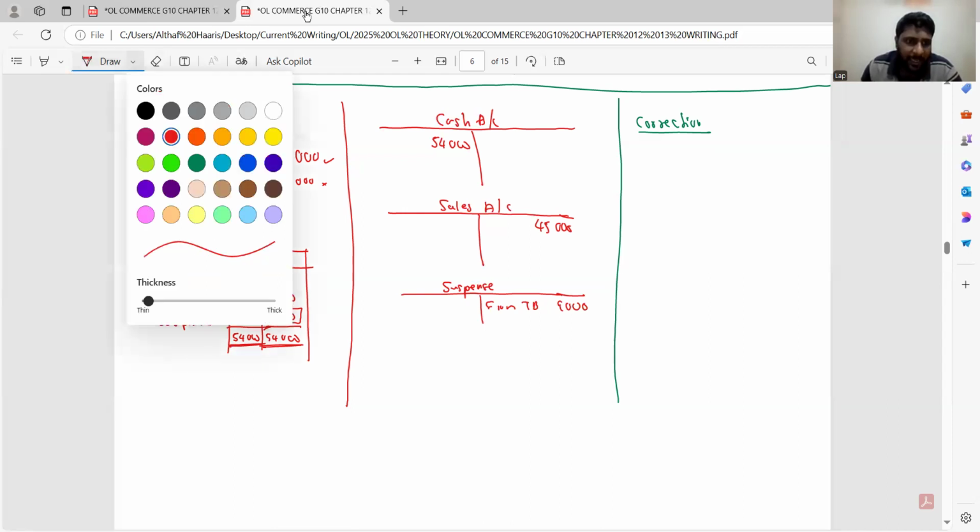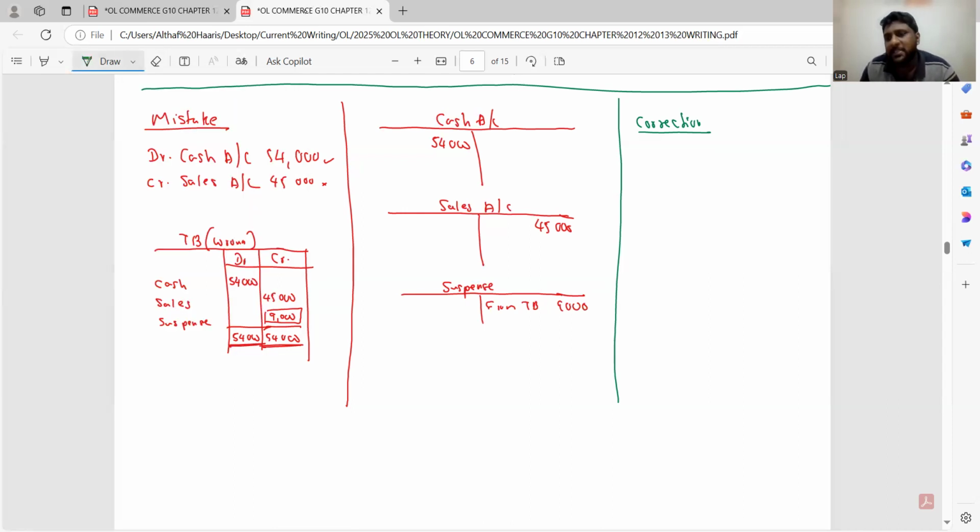Then people understand a 9,000 is missing in the sales account. So credit that 9,000 to the sales account. But people, accounting means double entry, no? Then where is the debit? Zakir, correct. Debit will go to the suspense account, 9,000.